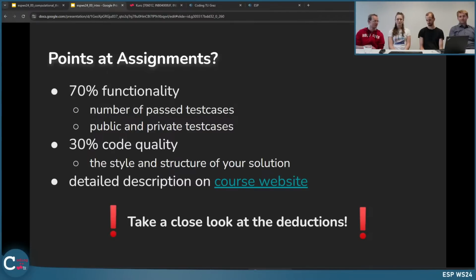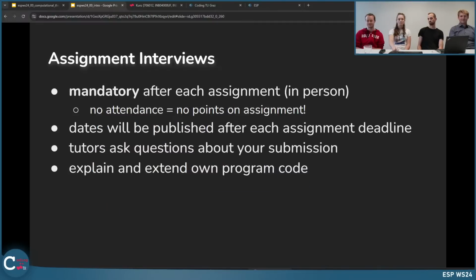One example is if you write your code in Python, you will not get any points from us, but also many other things here. So you really should follow the guide written on the course website regarding the assessment of assignments closely, to not lose points which you could easily get if you just follow it.